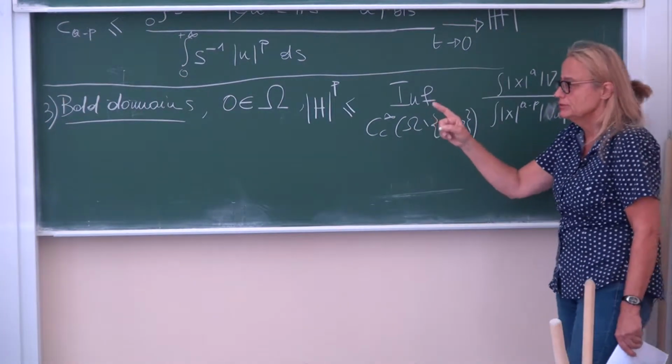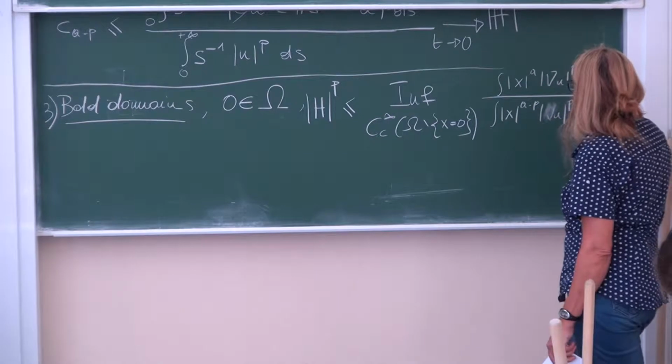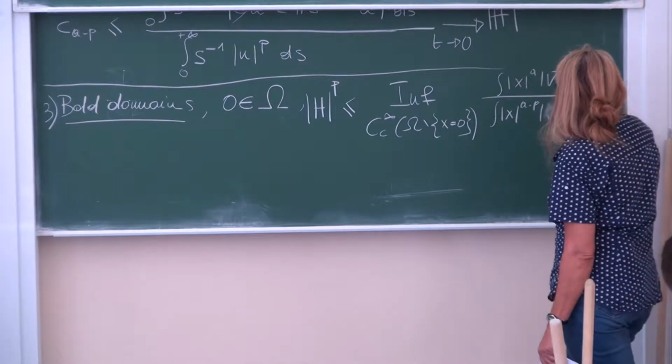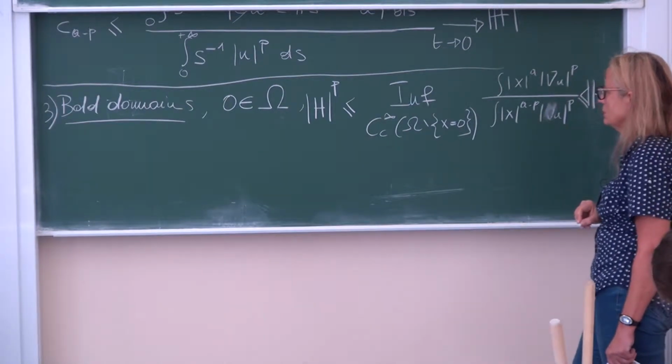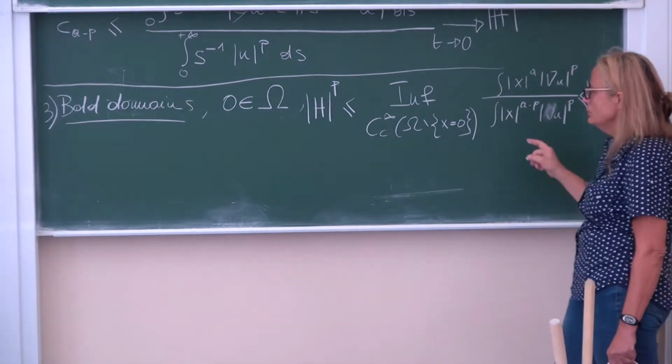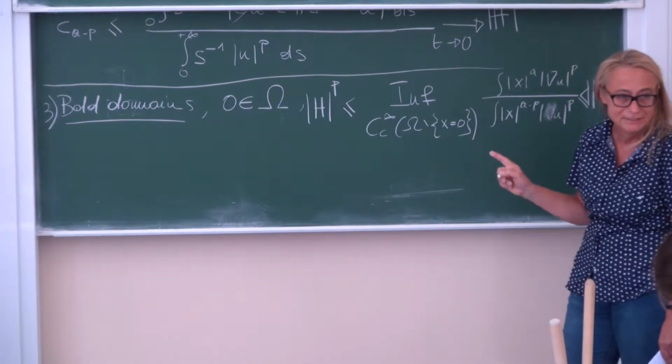But because of the role of dilations, this is also smaller or equal than the constant on Rn. And so in bounded domains, the constant is the same. That's easy.